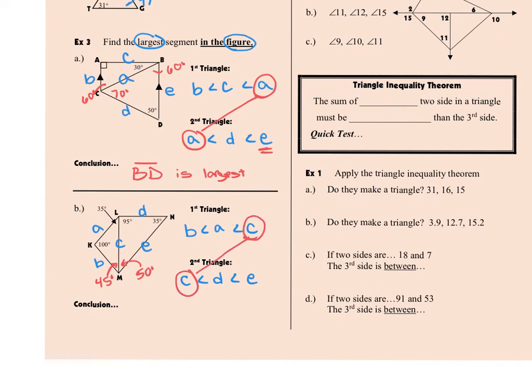So my largest side in this figure, again, is going to be E. That's just a coincidence with how I happened to name them. On this one, E is side MN, so we're going to say that MN is the largest.